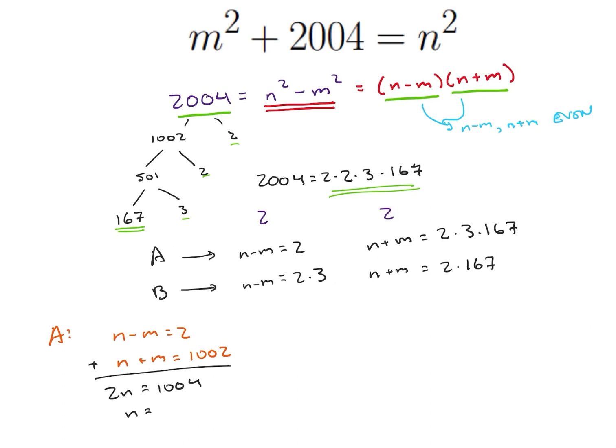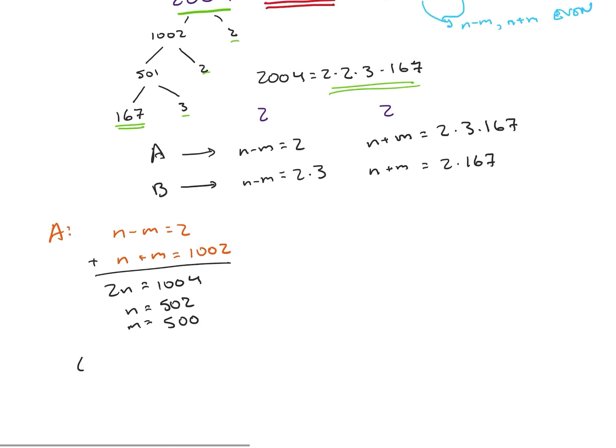So n is equal to 502, and that would make m equal to 500. So one of my solution sets is n, m equal to 502, 500.